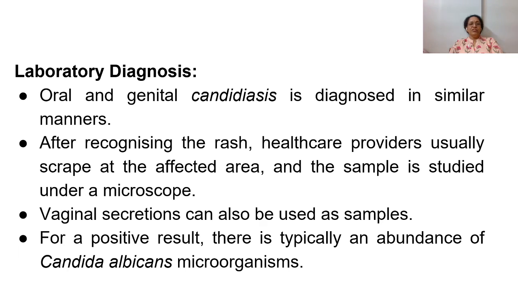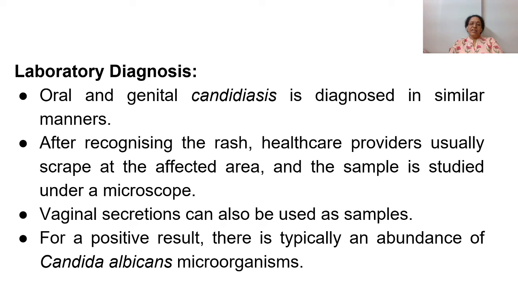So this is the initial part. With that, one can identify by using microscopy. The samples can be directly observed for the presence of candidal cells. So basically, based on symptoms, one can conclude whether the patient is suffering from this disease or not.